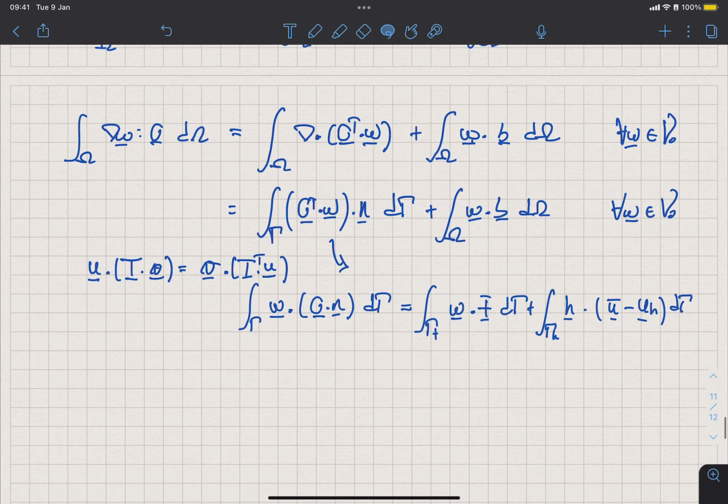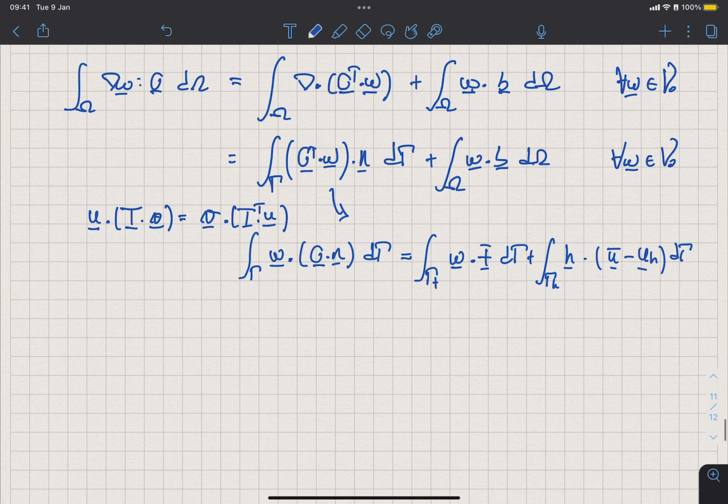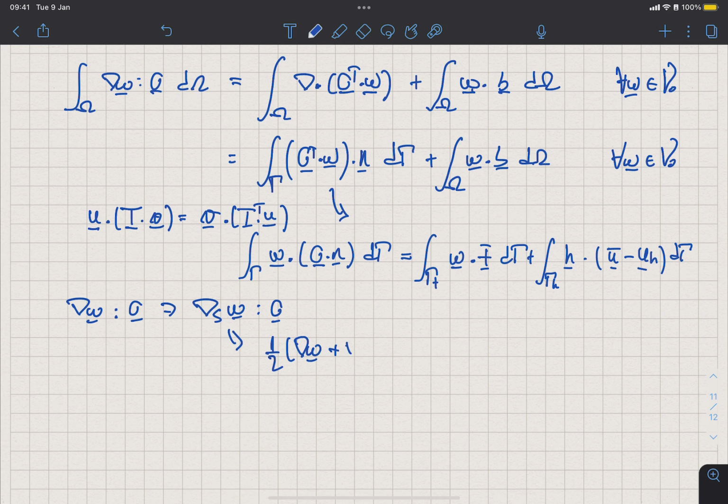Now, if we use the property that the stress tensor is symmetric, you can actually show that this quantity is actually equal to this quantity, where grad S is just taking the symmetric component, and therefore this is 1/2 of grad W plus grad W transpose.